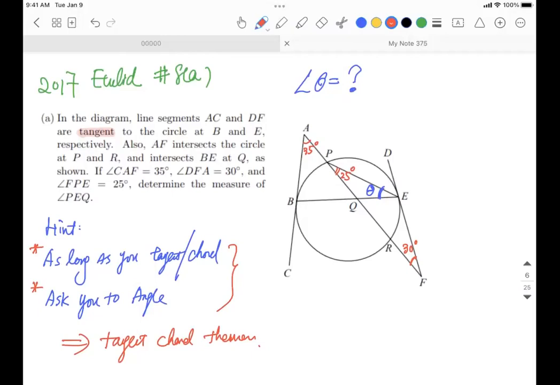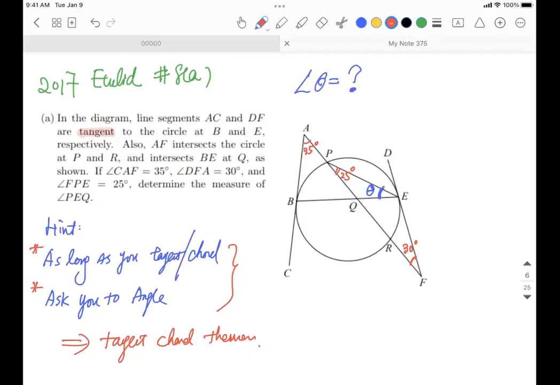How can we do such a problem? The question asks you to determine theta, right?